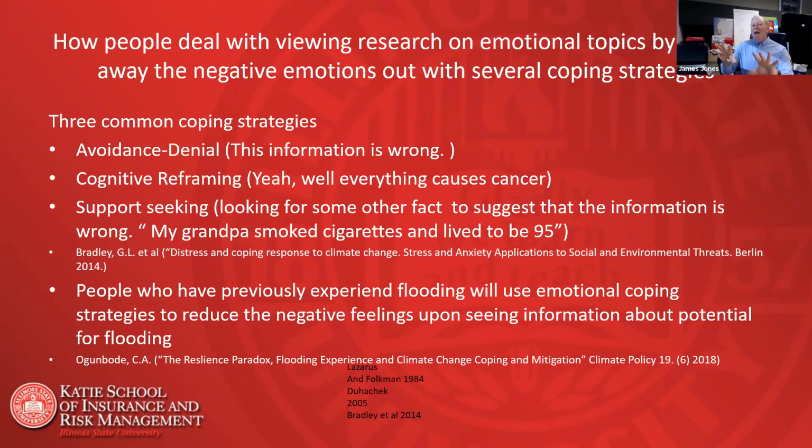Well, it turns out, when they see information now after they've had the flooding, they'll go out of their way to deal with the emotion of it, and not the information that they're getting. So the first thing they want to do is just reduce the emotional impact.